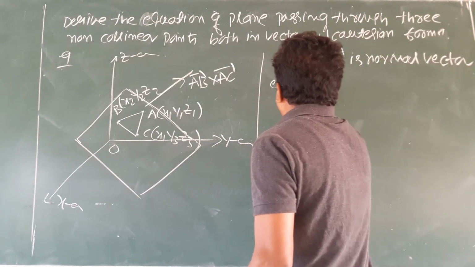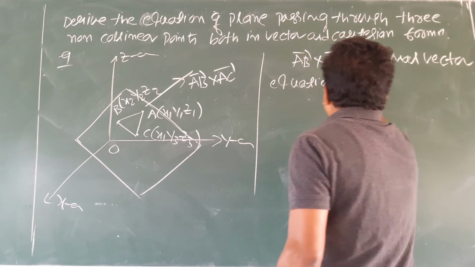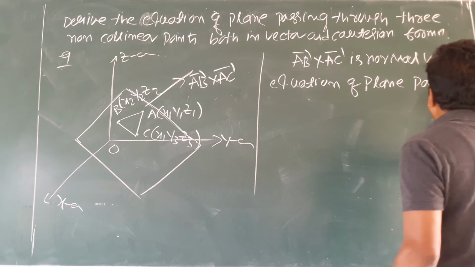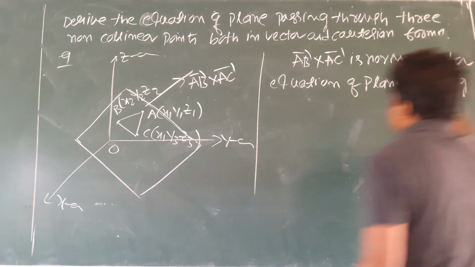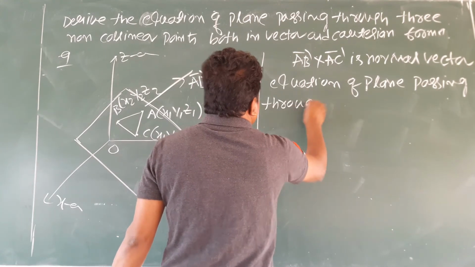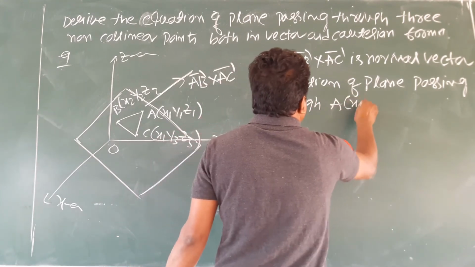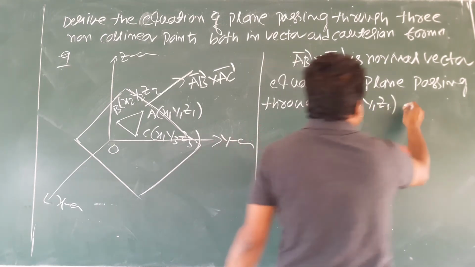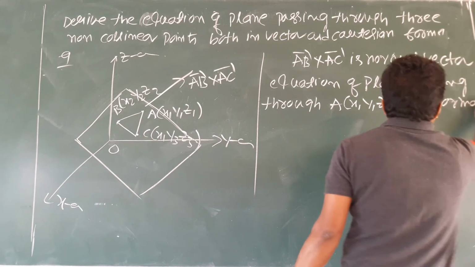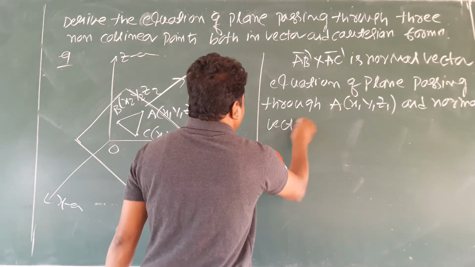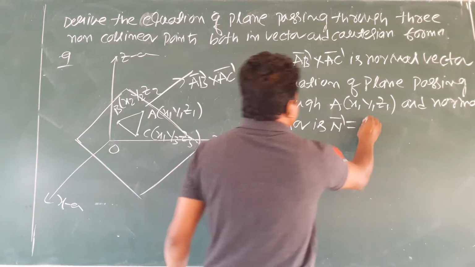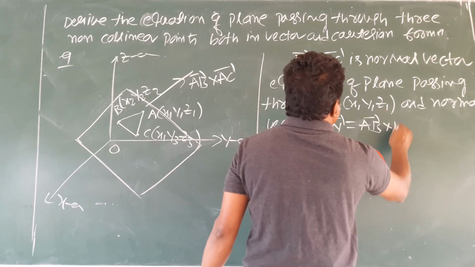Equation of plane passing through A(x1, y1, z1) and normal vector n, where n is equal to AB cross AC.